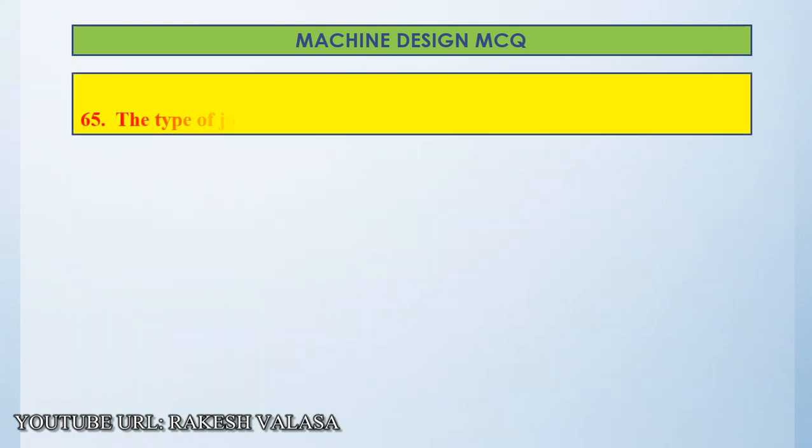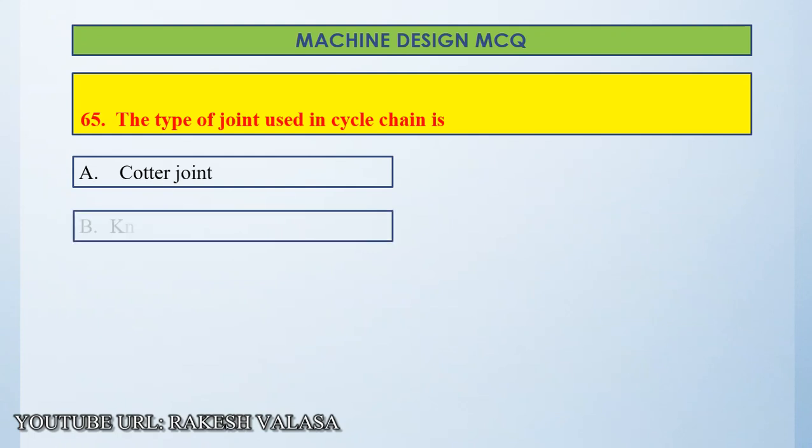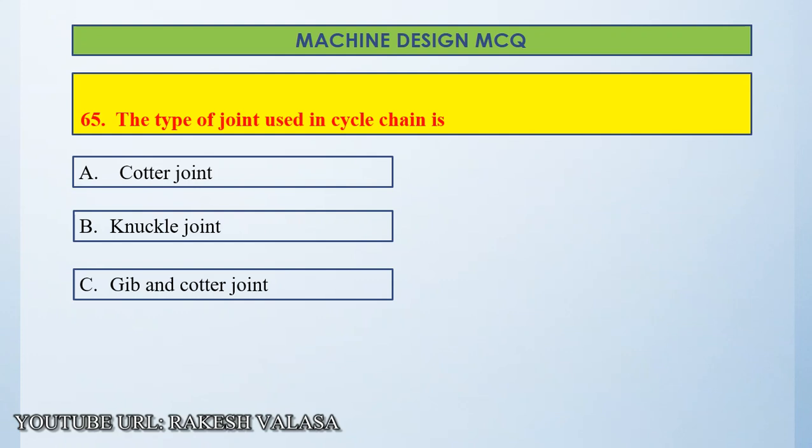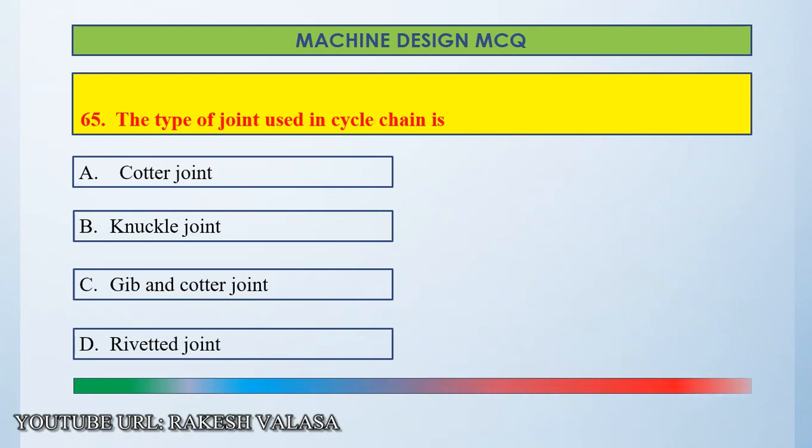Question number 65. The type of joint used in cycle chain is option A cotter joint, option B knuckle joint, option C gib and cotter joint, option D riveted joint. The correct answer is option B knuckle joint. Let us see the explanation.